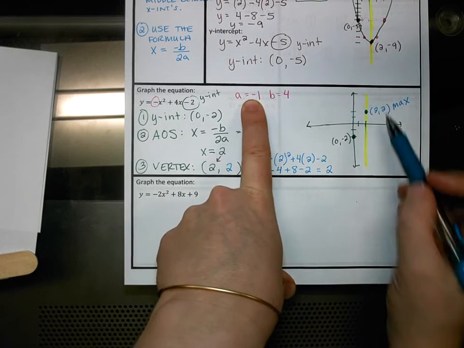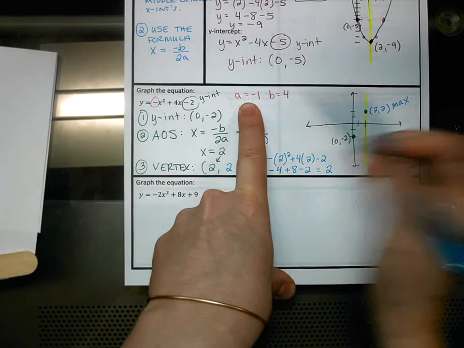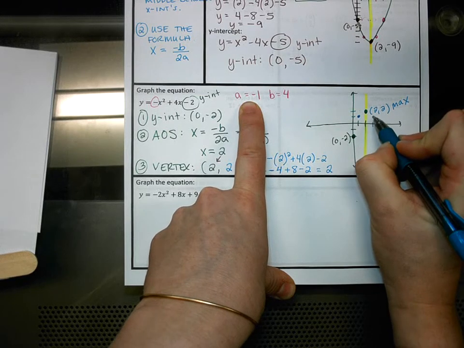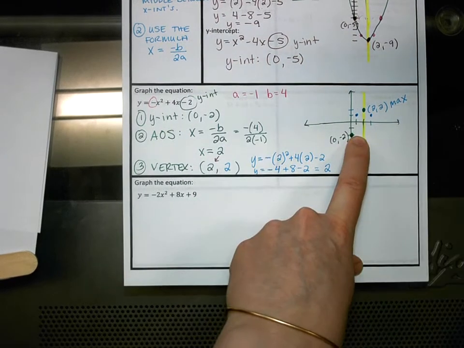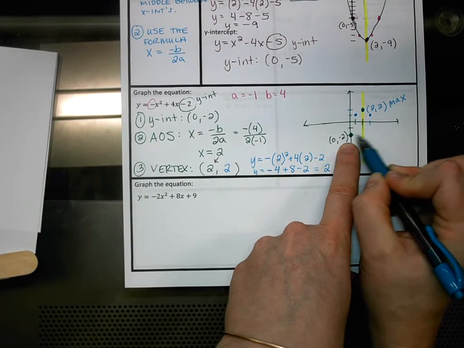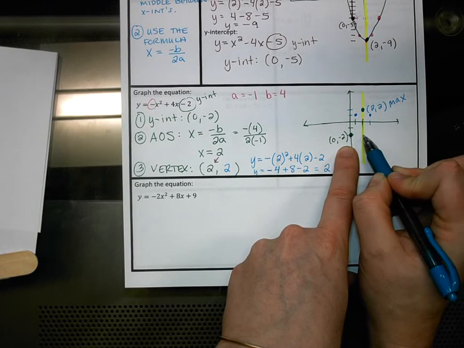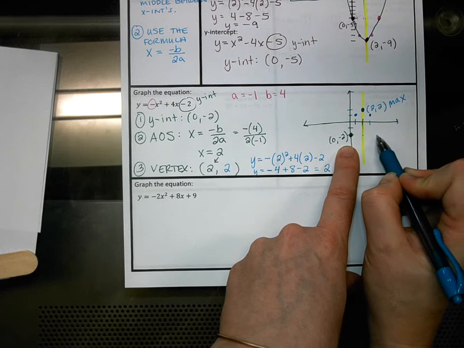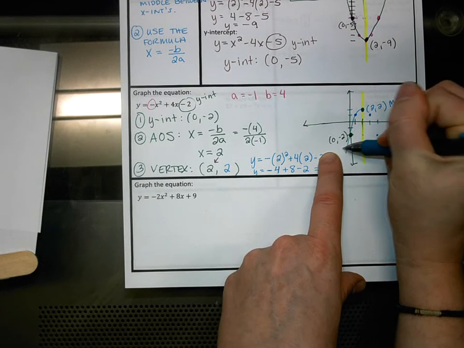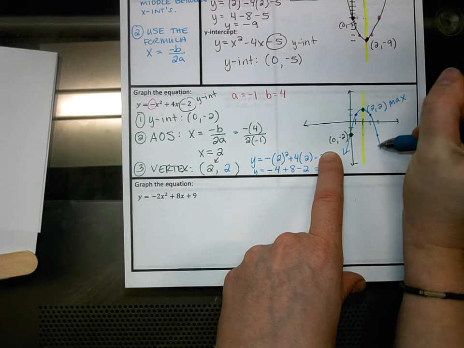If I go to the next point over, I should be going down 1. So you can get these 2 points. Or you can get the other side of the y-intercept. So how far away are we from the axis of symmetry? 2, so I go 2 to the right. And you graph in that function.